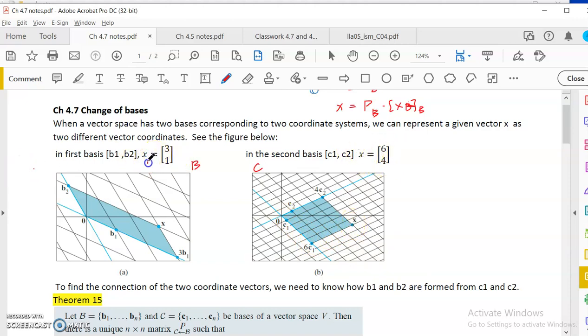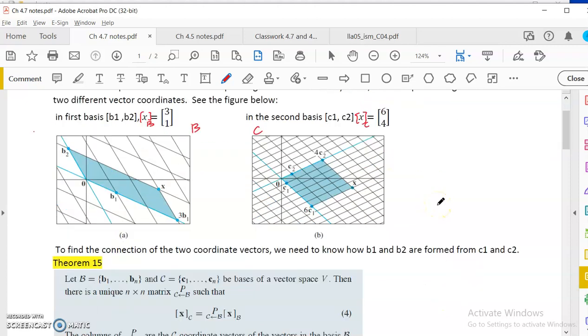This is x based on B, and this is x based on C, equal to 6, 4. So they are represented differently. How do I change between them? Say, for example, I have another point here, 7 or also 4. What would it be if I want to write it in terms of B1?